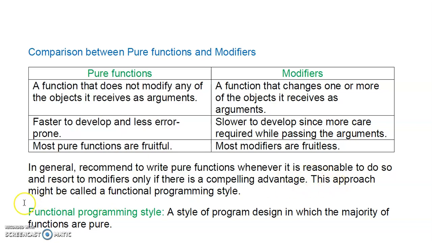This approach might be called a functional programming style. You have to use pure functions the majority of the time, and very rarely, wherever it is more advantageous, use modifiers. That is called a functional programming style. Here is a brief definition: a style of program design in which the majority of functions are pure.